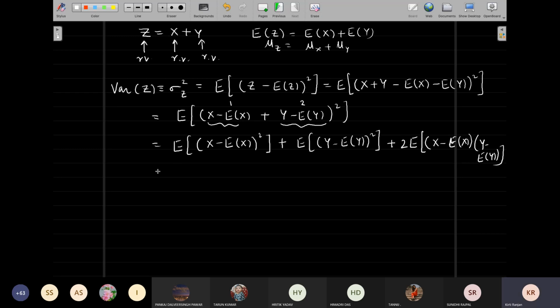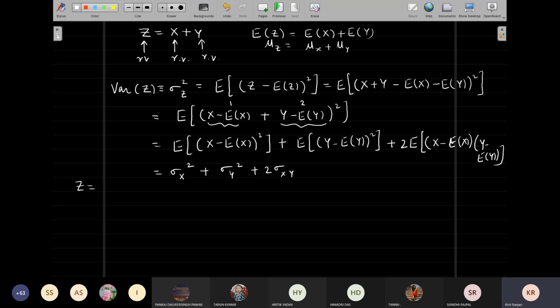It's a constant. So we have sigma x square plus sigma y square plus 2 times, look at the definition, this is nothing but 2 sigma xy. So if there are random variables x plus y, and I ask you to give me the variance of z, which is nothing but the sum of the two random variables, it will come out to this.